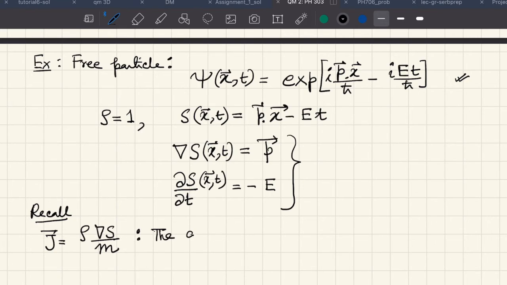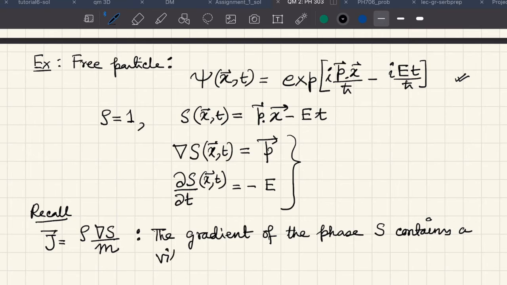The gradient of the phase of the wave function, which is denoted by S, contains a vital piece of information. We can clearly see from this expression that the spatial variation of the phase of the wave function actually characterizes the probability flux.